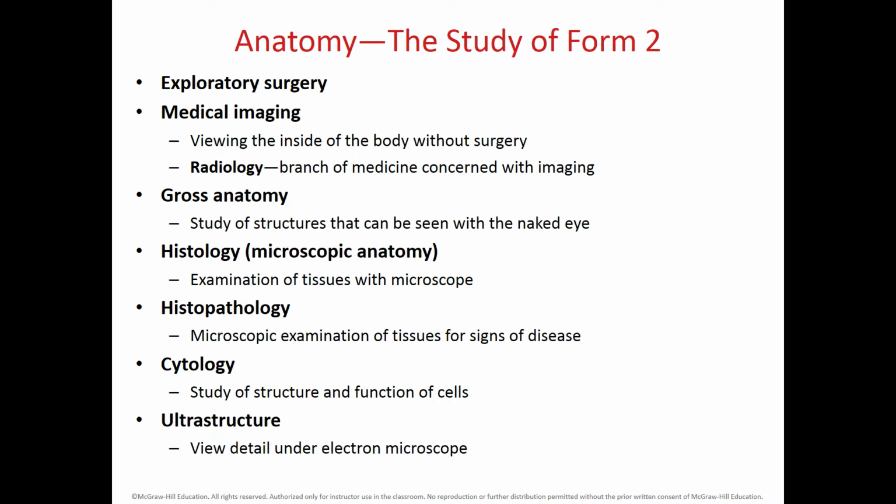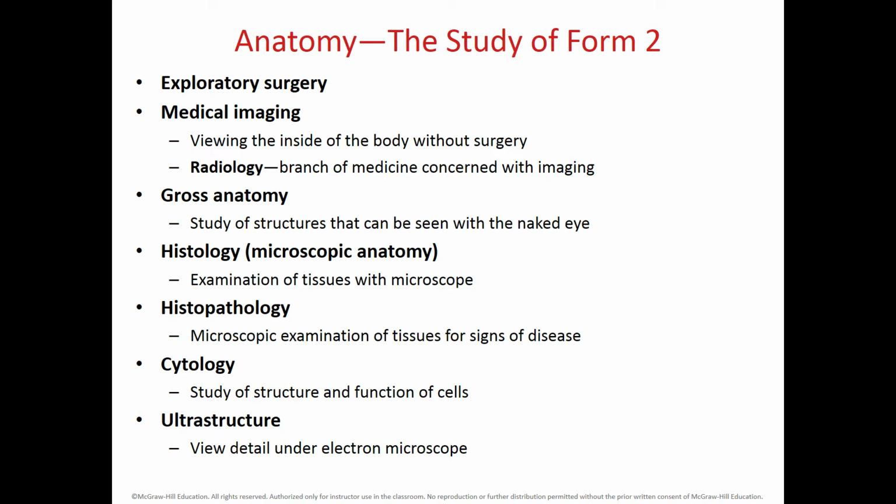Another way that we can see deeper structures in the body is through exploratory surgery. In exploratory surgery, the body is opened and you take a look inside to see what is wrong and what could be done about it.